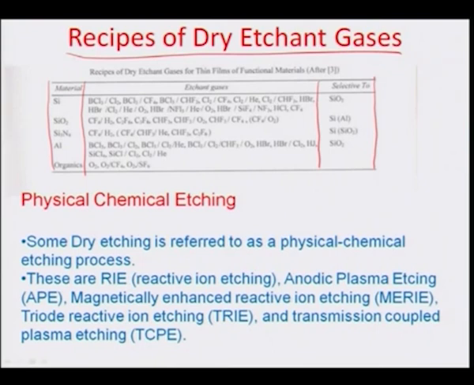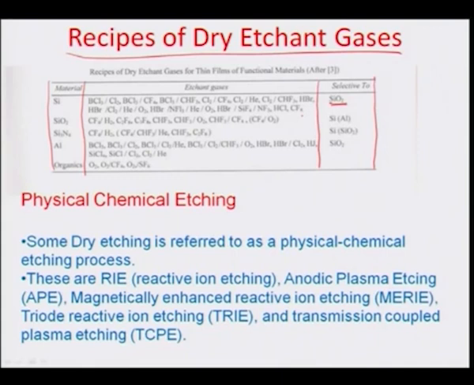All these different combinations of gases act as etchants for silicon, and they are selective to SiO2, because there is some degree of selectivity that you can use in chemical dry etching, although the process is not very well directed and it is very isotropic in nature.